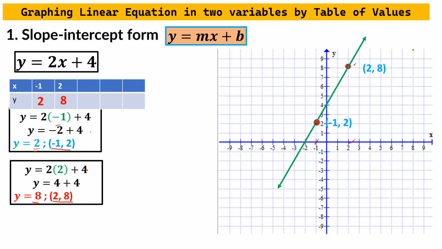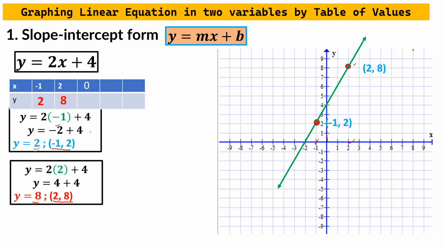So that's it. Now, other than the two values of x that we were able to assign, what if we will be having other than the negative 1 and 2 as values of x? Let us try a 0. But I want you to observe if x will be 0.